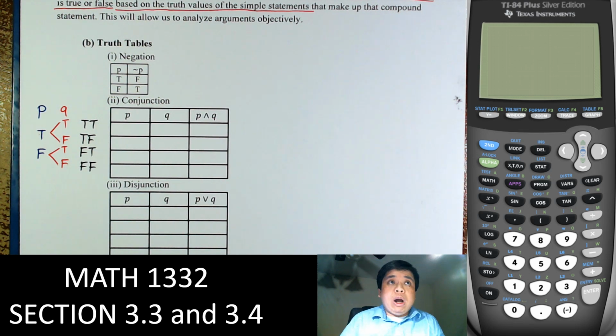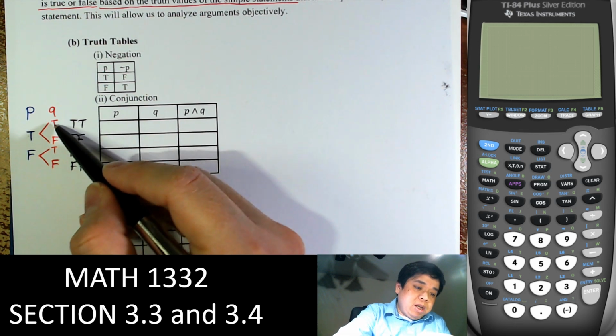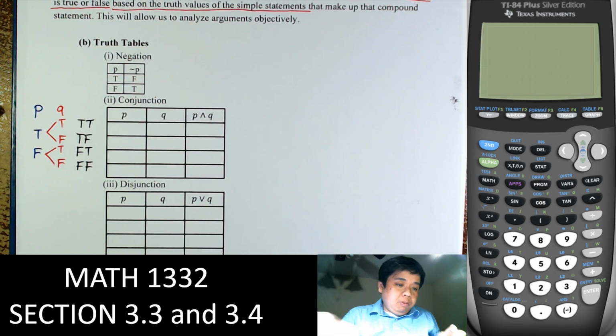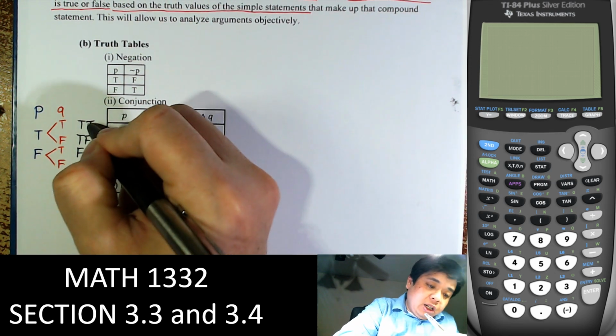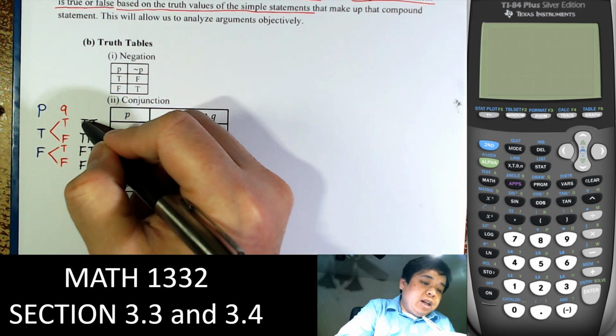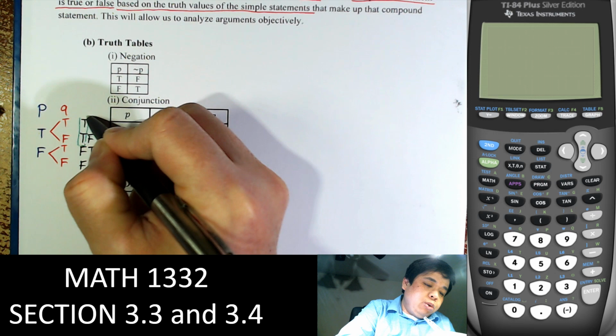Of course, if we want another statement, we split into two again. Now what I want you to pay attention to is that the last column is true false, so it's alternating, and then the next one is alternating every two.